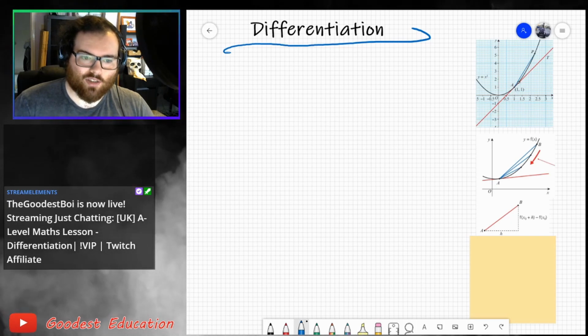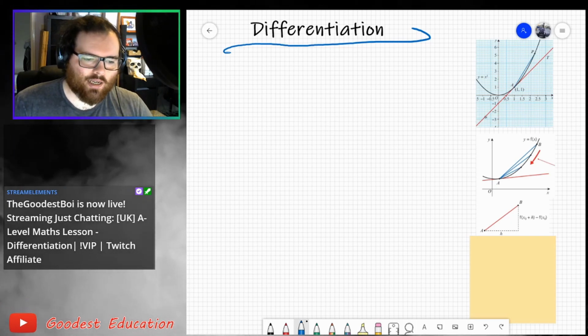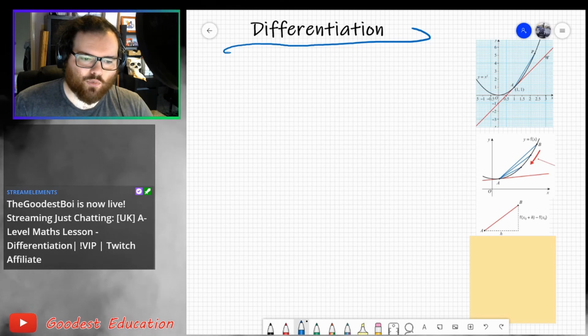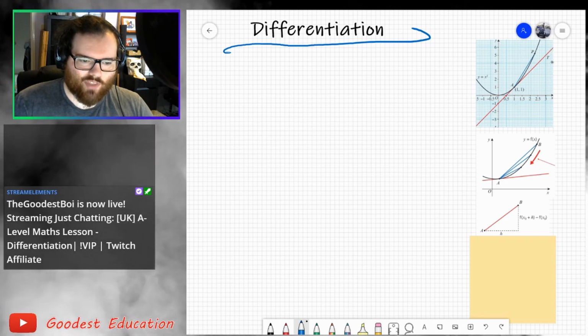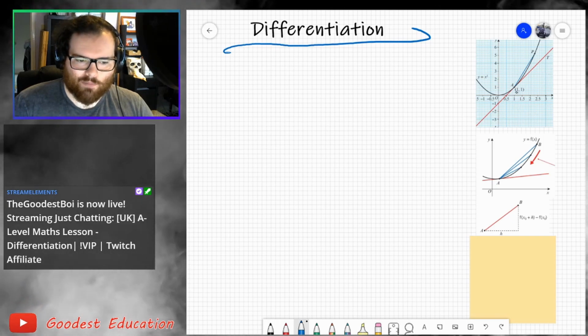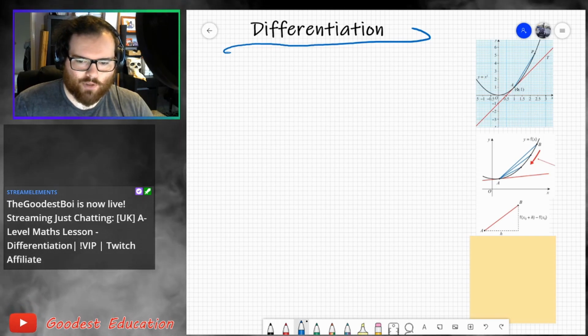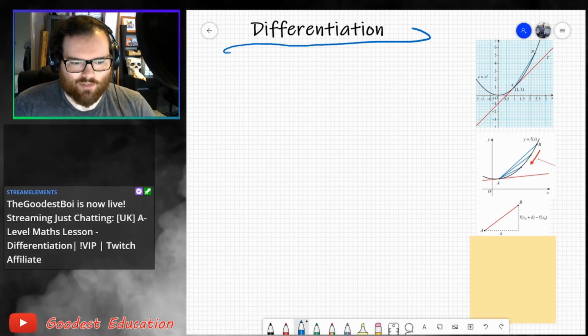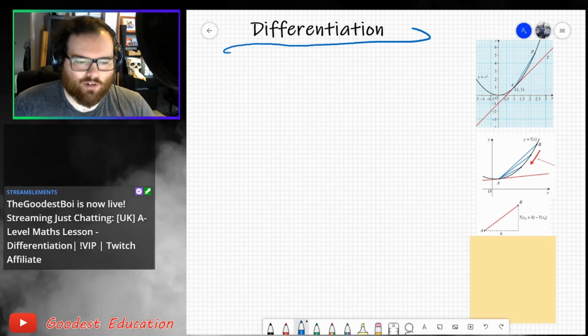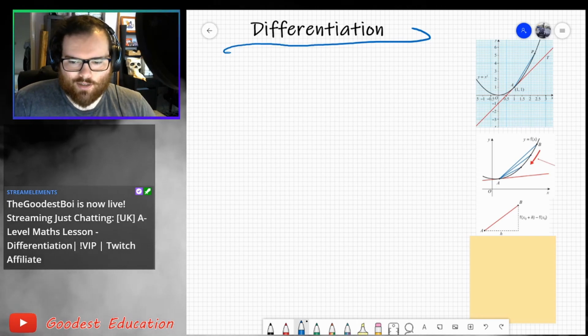Then you would work out the gradient of this red line, and that would be a good estimate of the gradient at that point. But if you want a nice way of working out the gradient at multiple points, you don't want to be drawing lines all over the function.